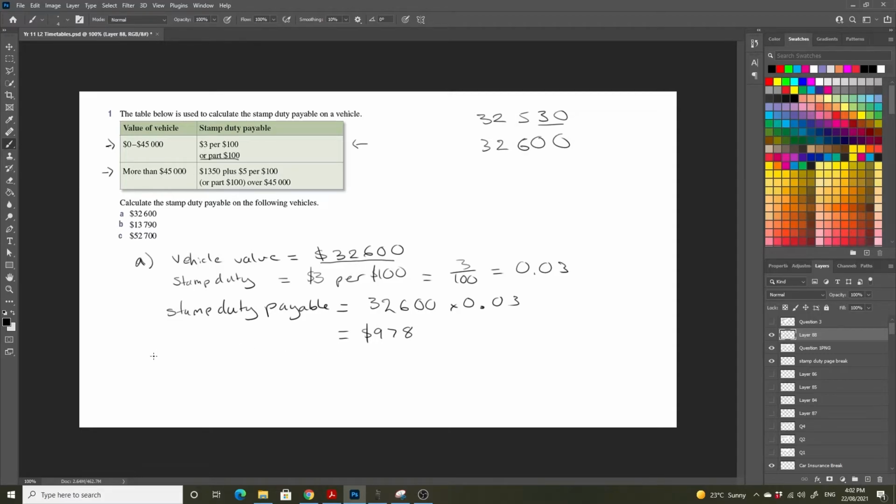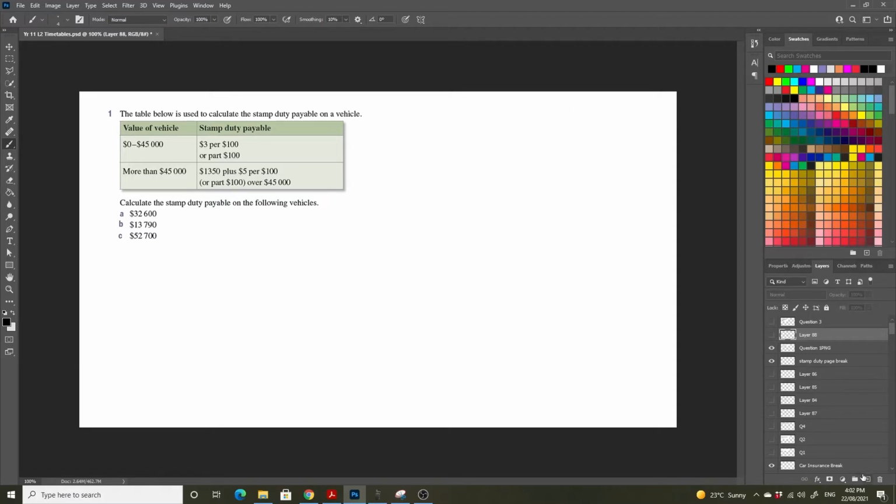Now let's look at B. I'll just quickly make some room. The value is equal to $13,790.